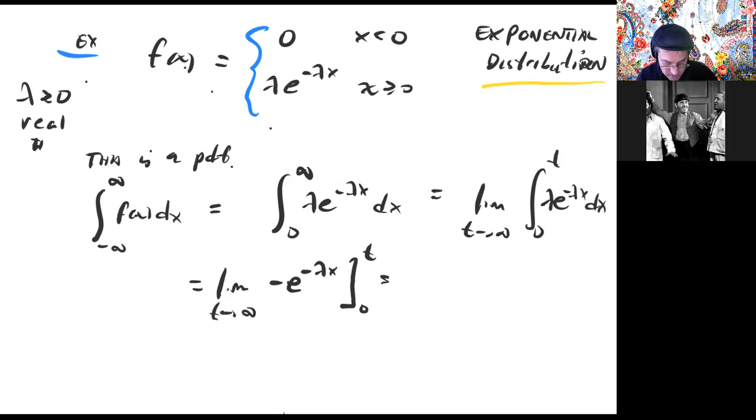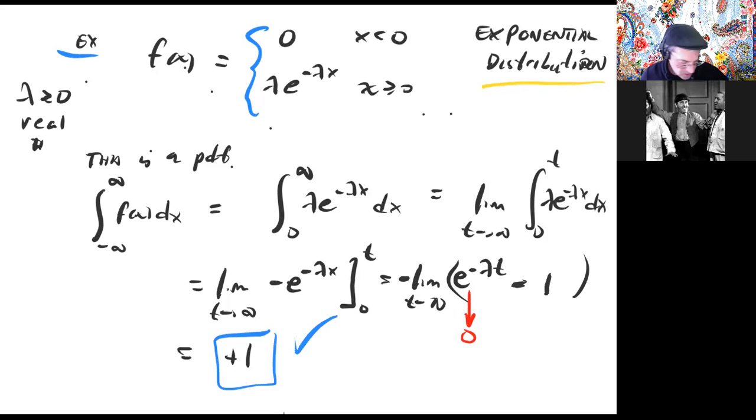And that's the limit as t goes to infinity of, I'll put the minus sign outside, e to the minus lambda t, minus 1. And so you compute the limit, this term over here tends to 0 because lambda is positive and t is going to infinity. And so you're going to get plus 1.